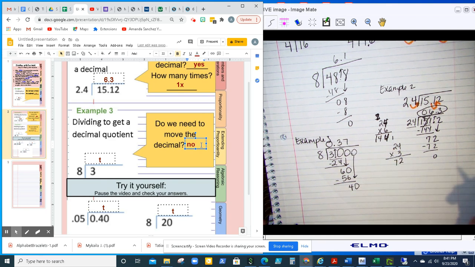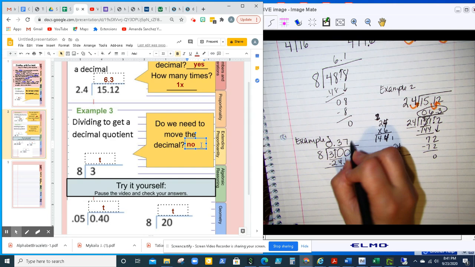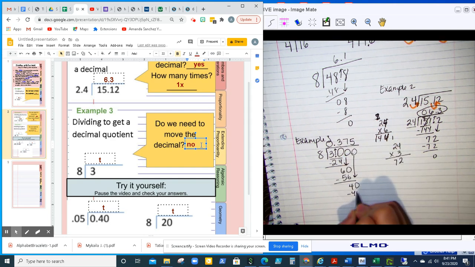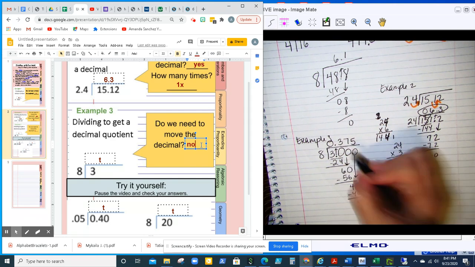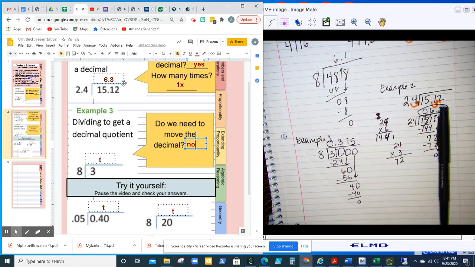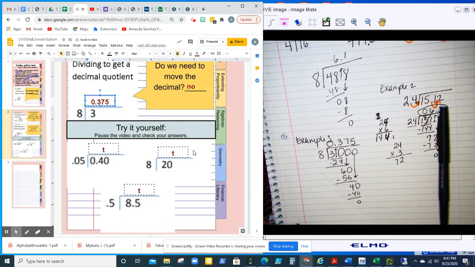Drop your 0, and then 8 into 40 would be 5 times. So now I already have no remainder, and it went to the thousandths. So place your quotient, 0.375 thousandths.